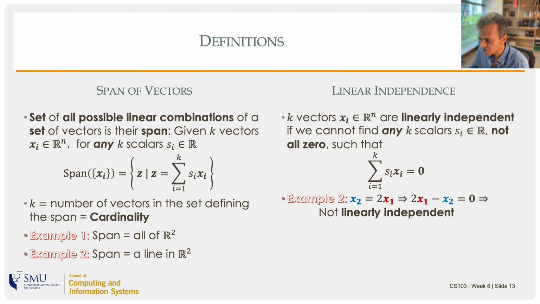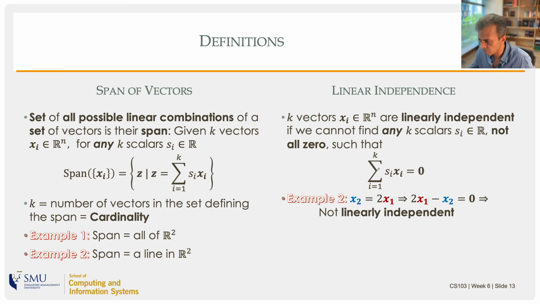Now we can actually rewrite that to read 2x1 minus x2 equal to the 0 vector. Now this linear combination of x1 and x2 gives you the 0 vector, but the weighting factors, the coefficients, are not 0. They are 2 and minus 1. So this is not a trivial linear combination.